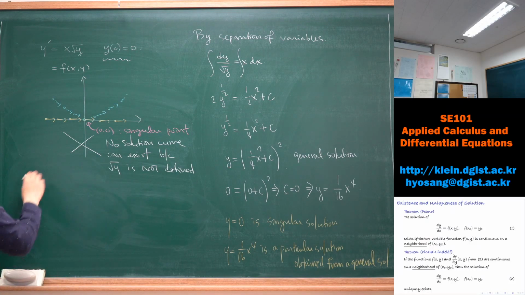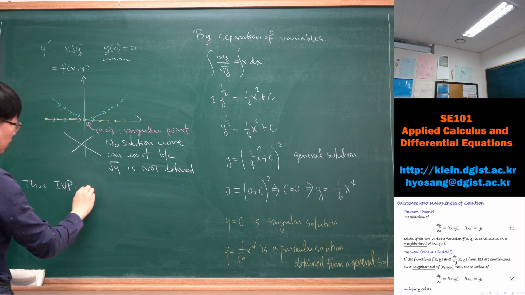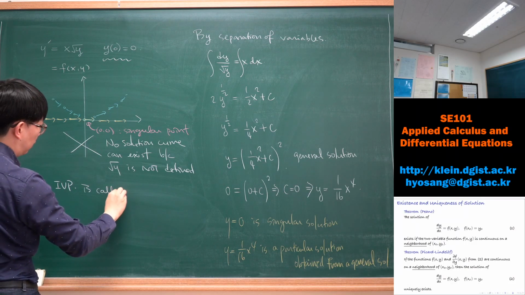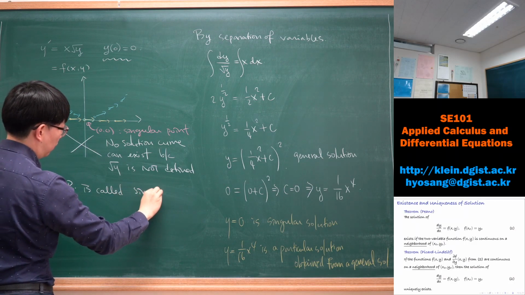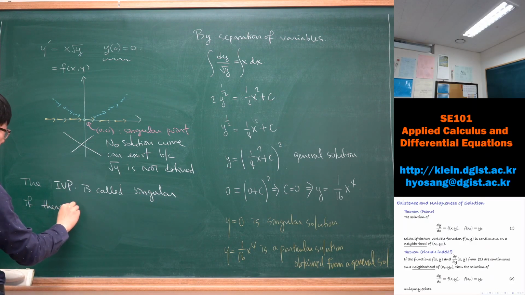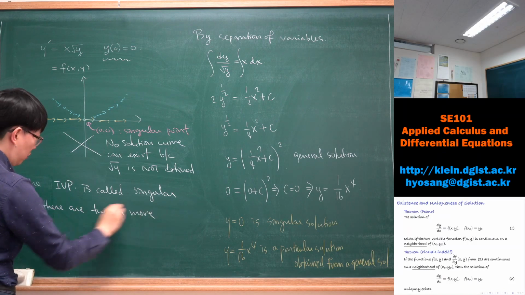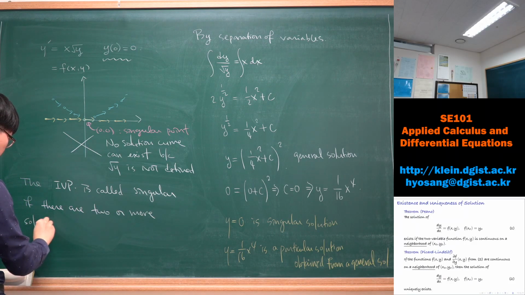And this initial value problem, abbreviated IVP, is called singular. Just a general initial value problem is called singular if there are two or more solutions.